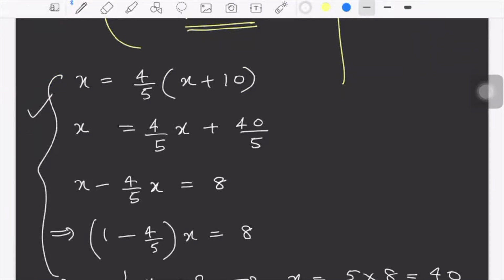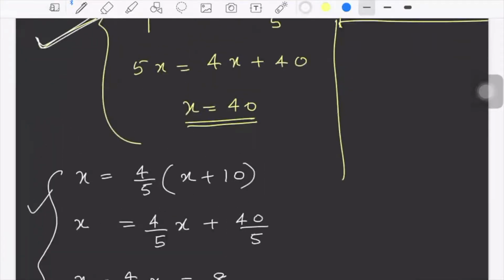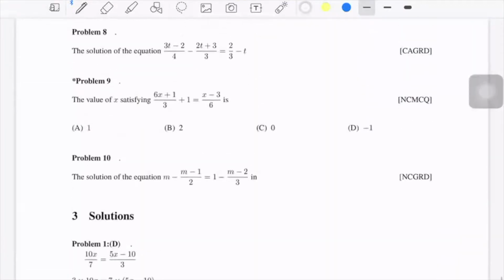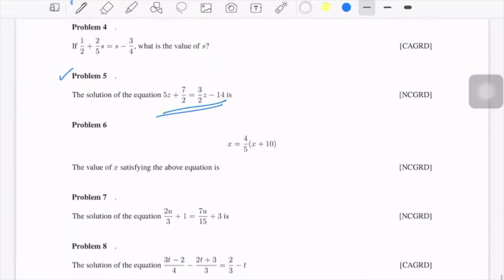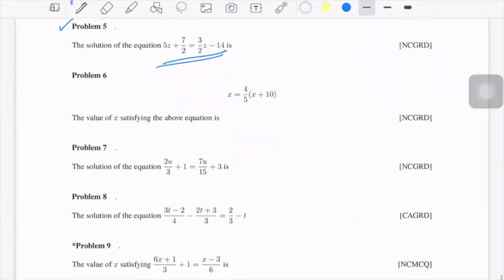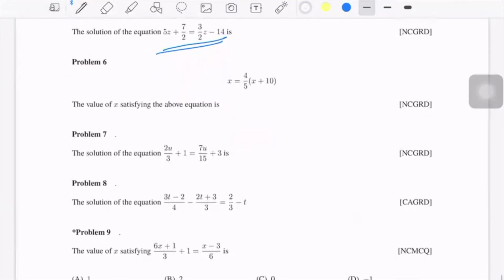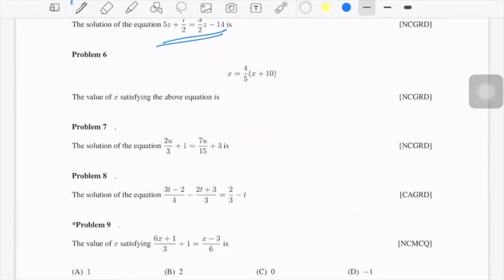So that's why I'm reiterating doing a lot of questions, a lot of problems. If we solve a lot of problems, definitely during the exam you will be able to recall which method to use for a particular problem, right?